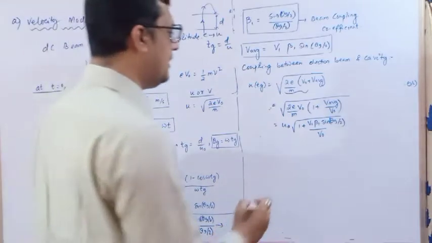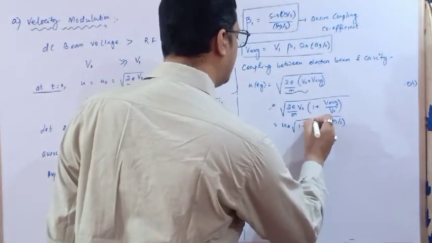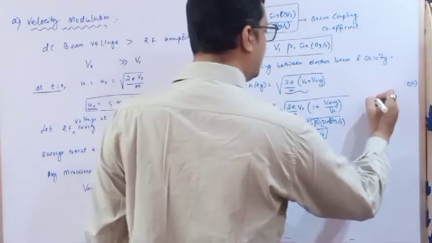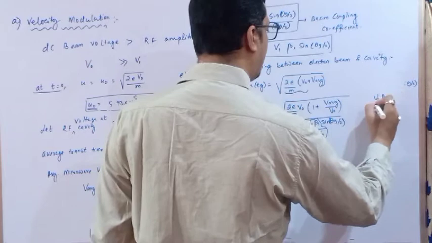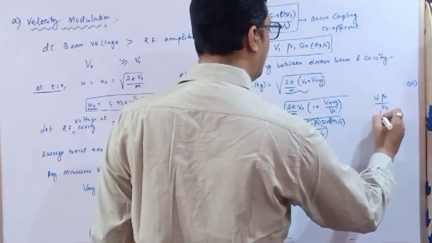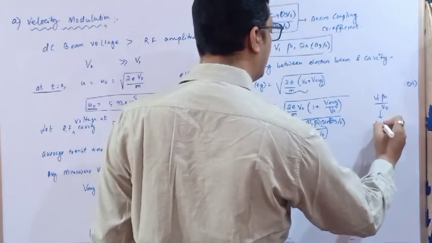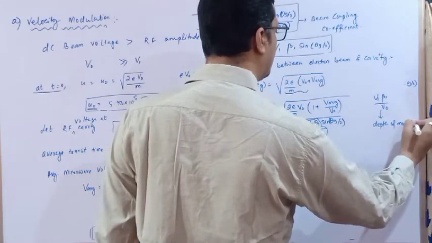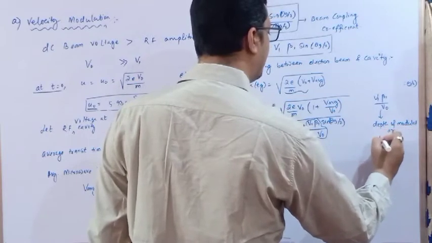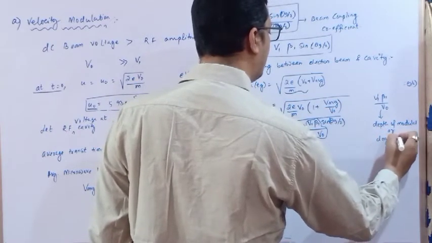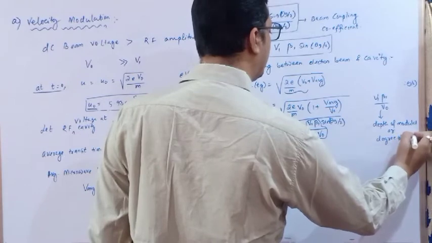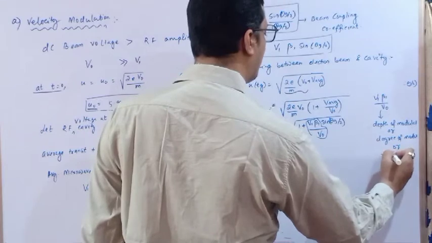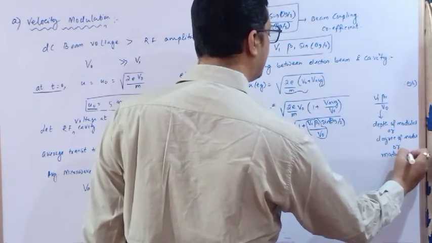Now here this parameter, V1 beta 1 by V naught, is called depth of modulation, or you can say degree of modulation, or we can say it is called modulation index.